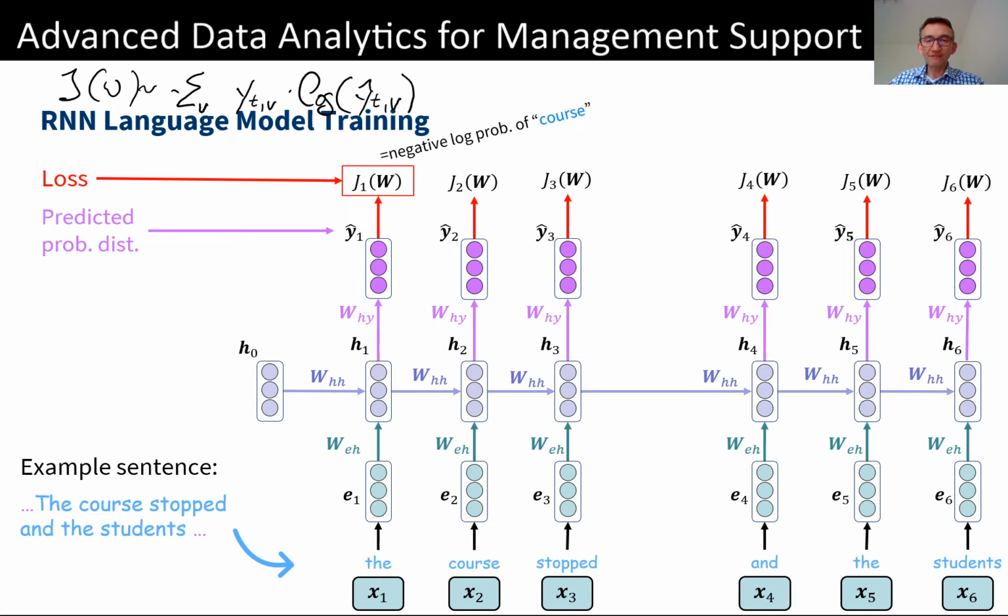And the network predicts that probability alongside all the other probabilities for all the other words, but these do not matter because the actual target y_v is 0 for all the words but the word course, and therefore it doesn't matter.